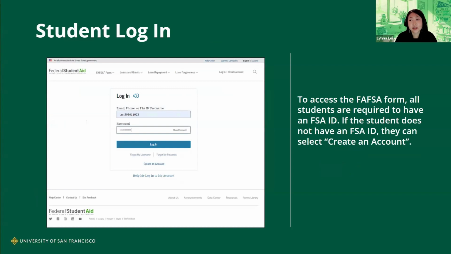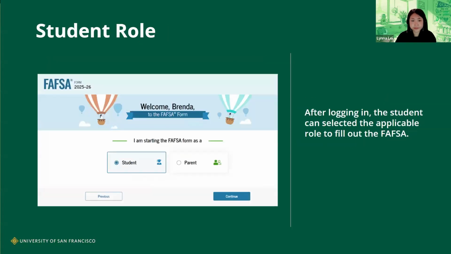To access the FAFSA form, all students are required to log in via their FSA ID. Once you get to this section, if you do not have one, you can create an account as shown in the screenshot, or if you forgot your password, this is also where you can reset your password. After logging in, you will need to select whether you are a student or a parent starting this application.